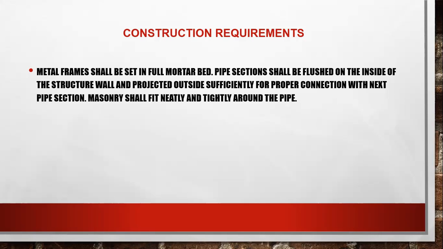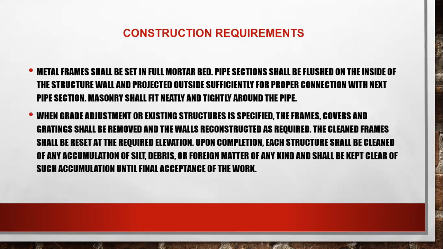Masonry shall fit neatly and tightly around the pipe. When grade adjustment or an excess structure is specified, the frame, cover and grating shall be removed and the wall reconstructed as required. The cleaned frame shall be reset at the required elevation.